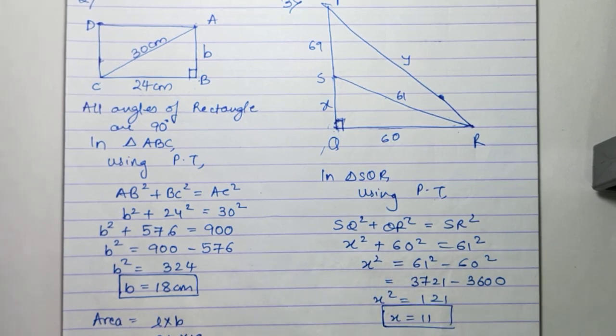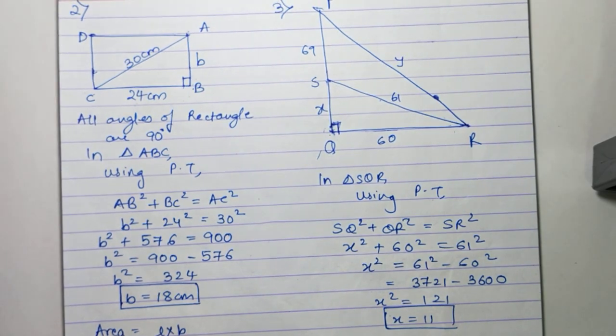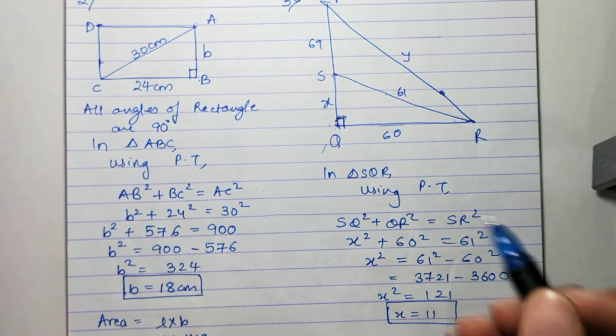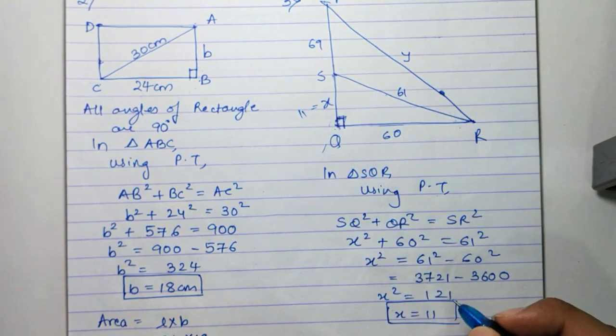So I got X as 11. I have to find X and Y both. Once I have X as 11, this becomes 11.